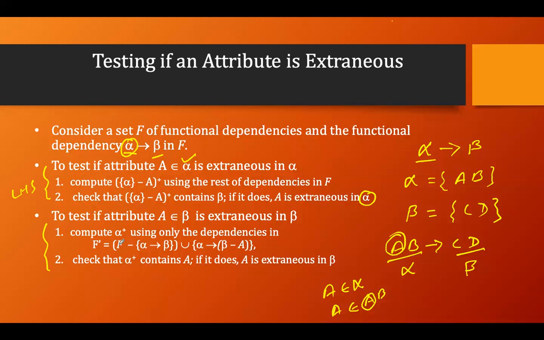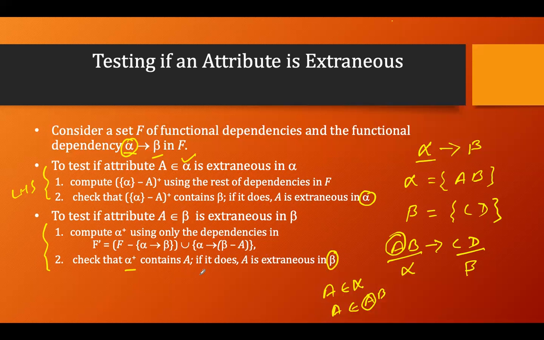We have to use the functional dependencies which do not contain this particular A. And if alpha closure contains A, then A is extraneous in beta.